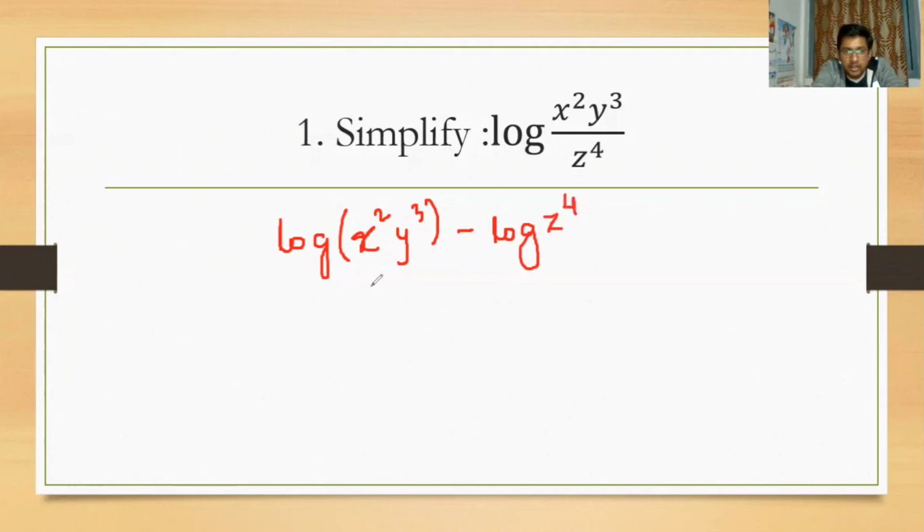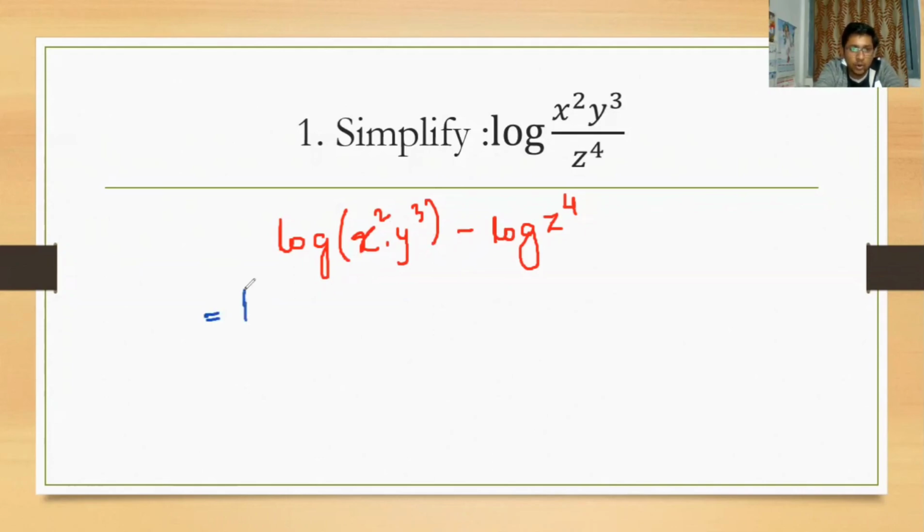Great. Now I think I can split this more because there is a multiply in between. बीच में multiply है, so if I'm not mistaken, I can split this particular thing again. Since it's a multiply, I have to put a plus between.